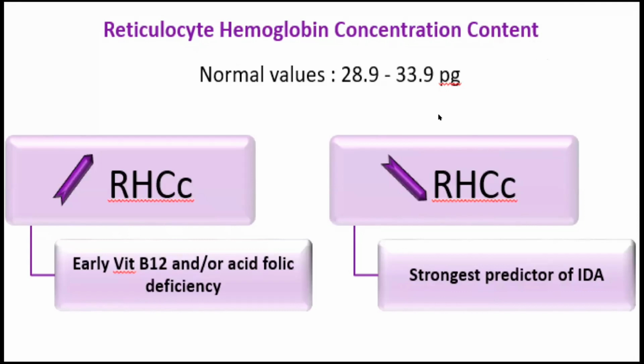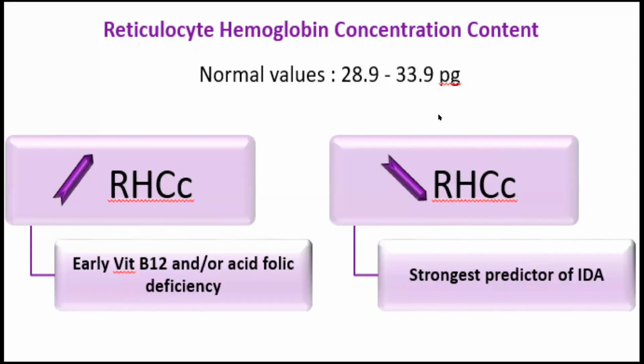And this RHCC plays a significant role if you want to differentiate between iron deficiency anemia and anemia of chronic disease. Because in anemia of chronic disease, your ferritin is not low, your iron is low, but TIBC is also low. These all parameters are disturbed. Suppose a patient of rheumatoid arthritis develops iron deficiency anemia.